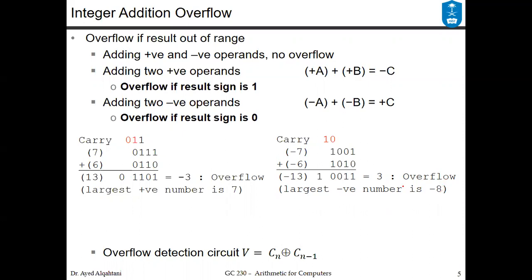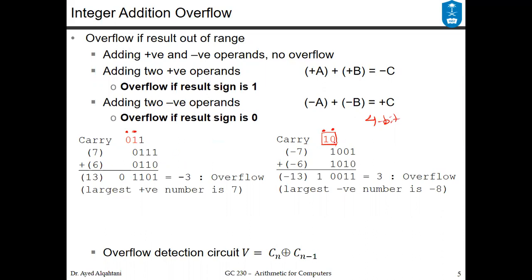Now, how do we detect the overflow quickly? You check the carry out of the last 2 bit positions. In our case, we used 4 bits, so we get C4 and C3.